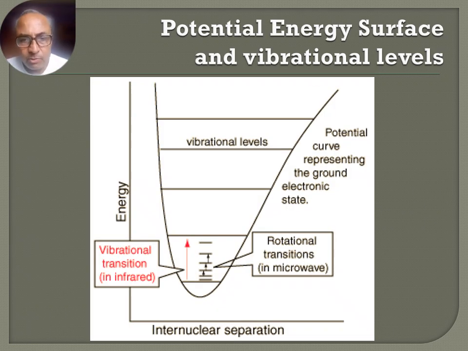Now if we include the internuclear coordinate, then we have a potential energy curve like this, and in this electronic state we have different vibrational levels, and within each vibrational level we have rotational levels.